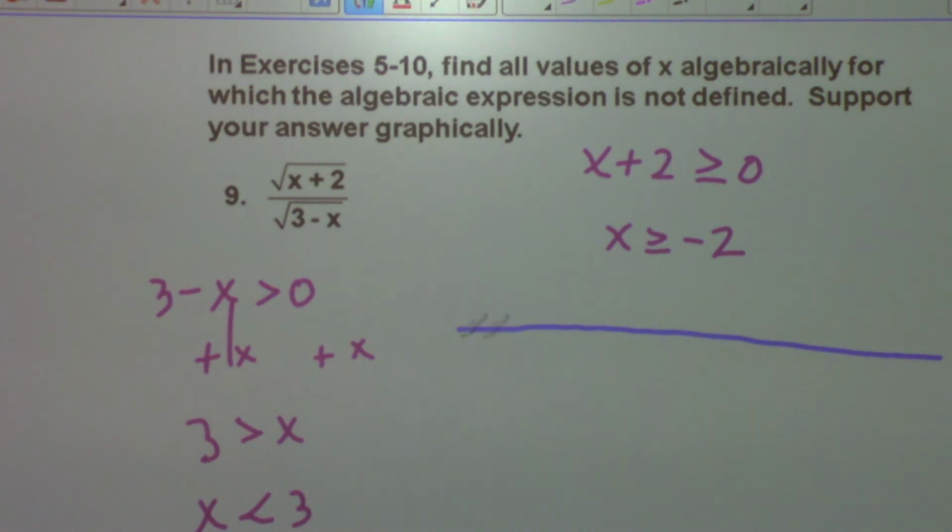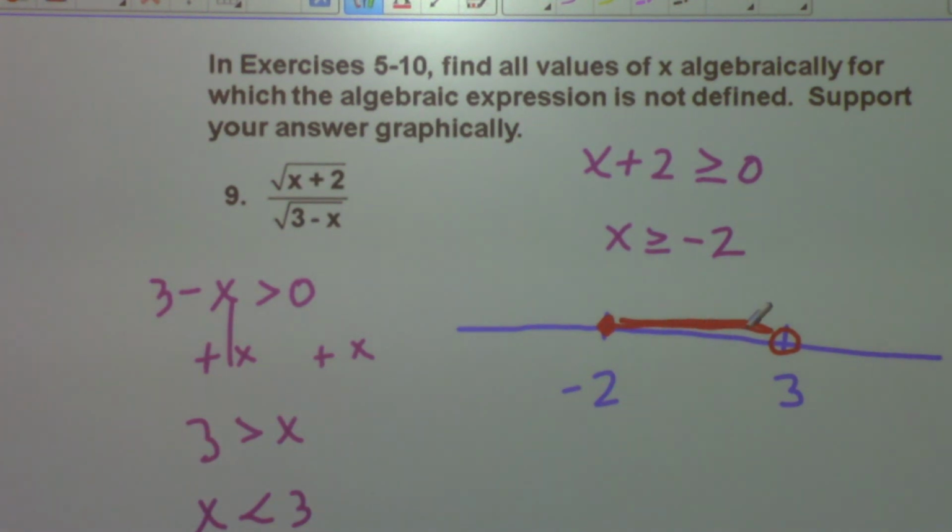So let's just put it on a number line, put our critical numbers here. So we get -2 here and 3, right? So what goes here for the solution on the number line? What do we put here? A dot here, and an open point here, right? Yep. And then between the two is where the thing is defined, right?